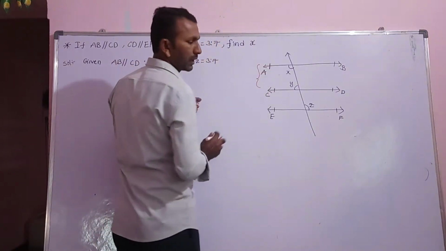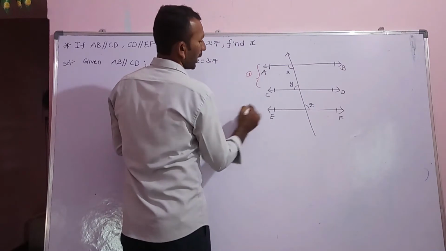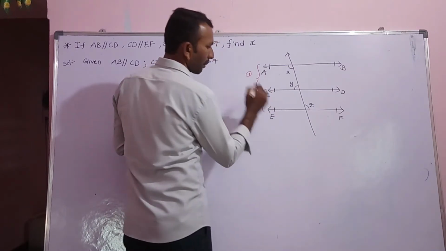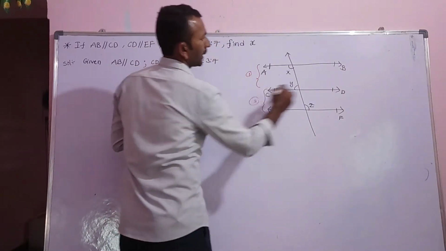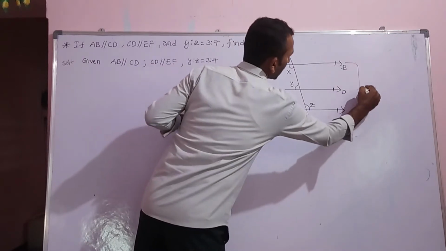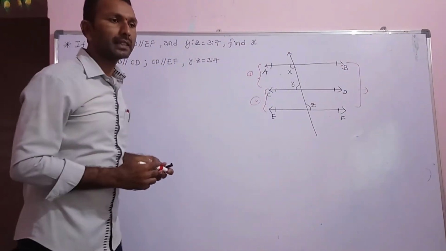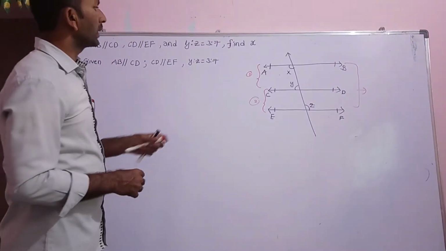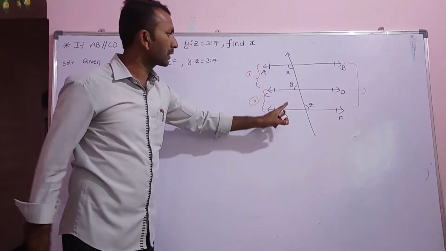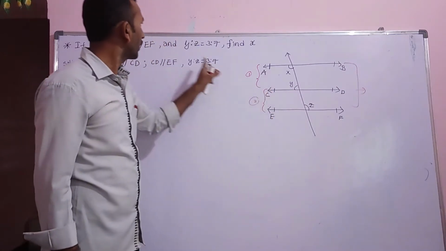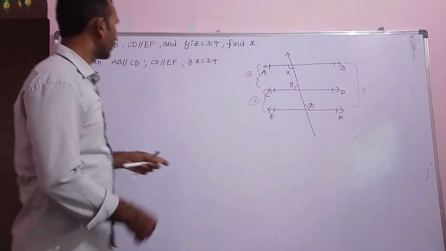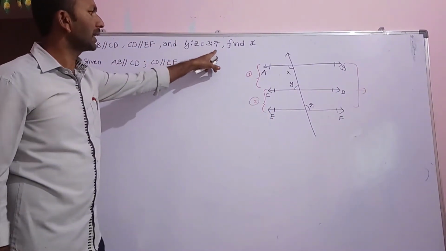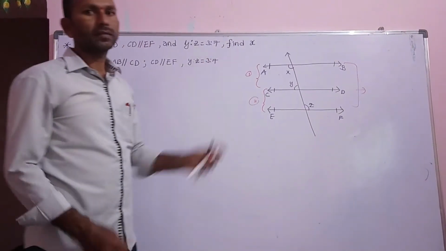Now, which one do we need to find? Only angle X. The ratio of angle Y to Z is given as 3 is to 7.